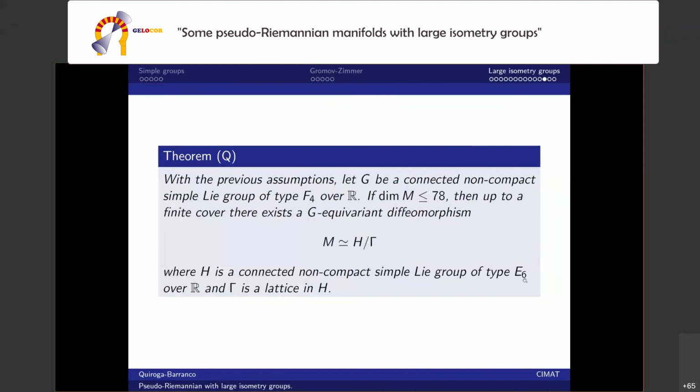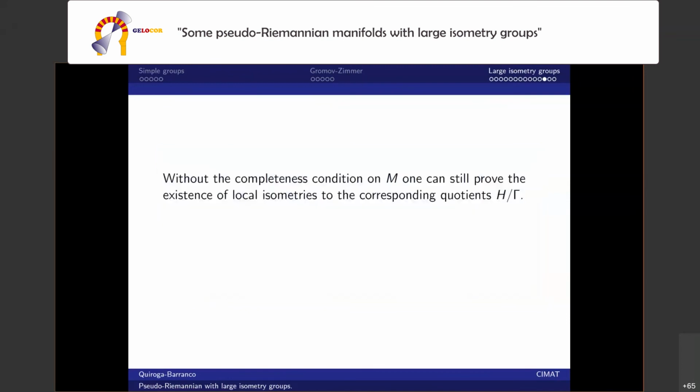As you might guess, 78 is exactly the dimension of E6. So you have all these kinds of results. The situation is very, very rigid. That was the idea in Zimmer's program, and somehow it's being realized with this kind of result in the pseudo-Riemannian situation. Of course, I have a very strong condition here.